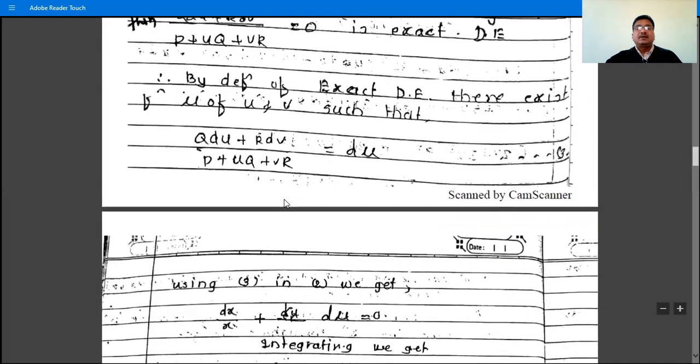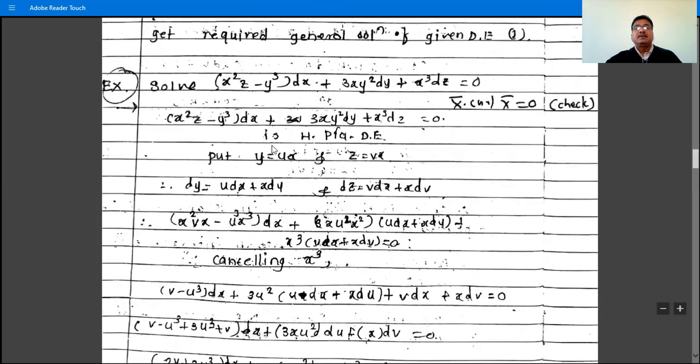So if we observe this problem, suppose this is the homogeneous Pfaffian differential equation of degree 3. If we substitute y is equal to ux and z is equal to vx in this example, what do we have?